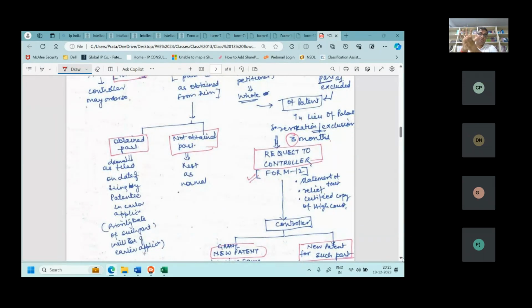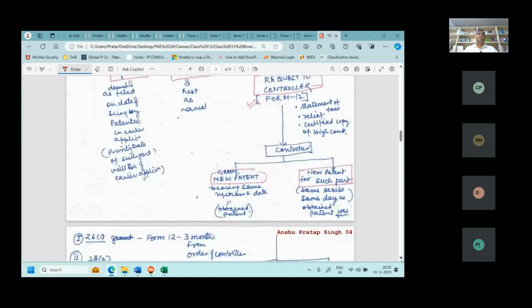Your request will be a statement of the fact, as well as the relief you will seek, and the certified copy of the High Court order as evidence will be produced before the controller. All this should be filed along with your Form 12. The controller will look into it and either give you a grant of a new patent.